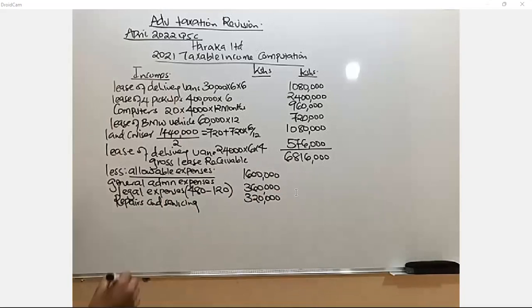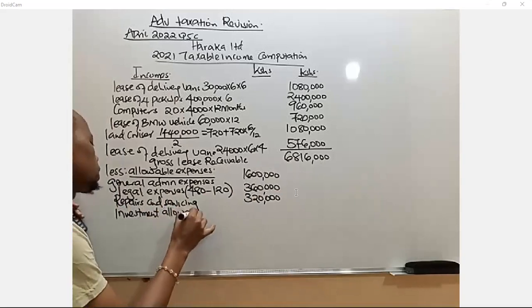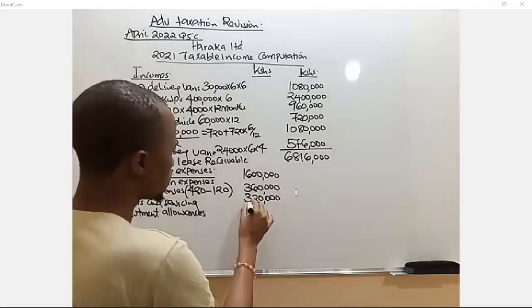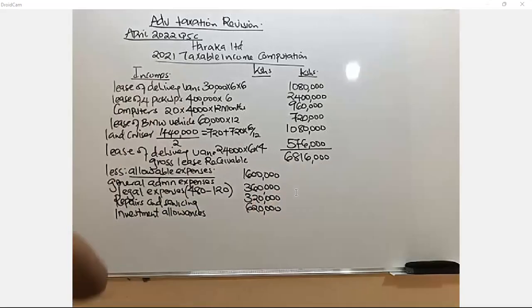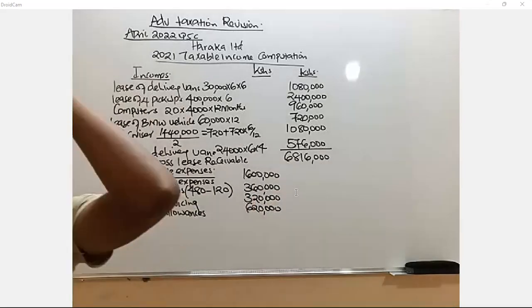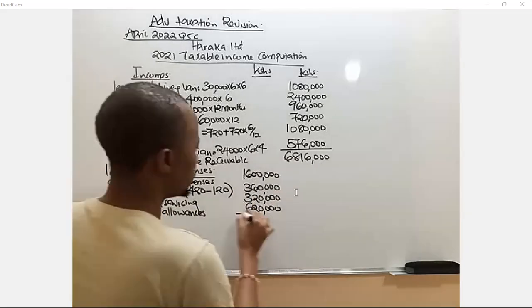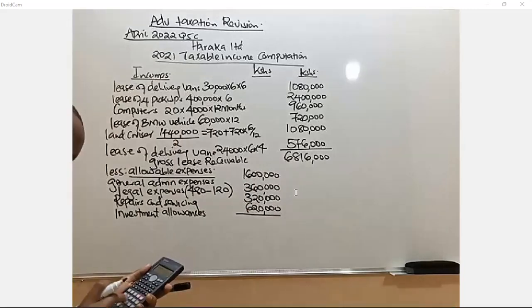So here we discuss investment allowances amounting to 620,000. Then in note number 4, I can see those are other incomes, so we don't have any other expenses. Let me get my total allowable expense.